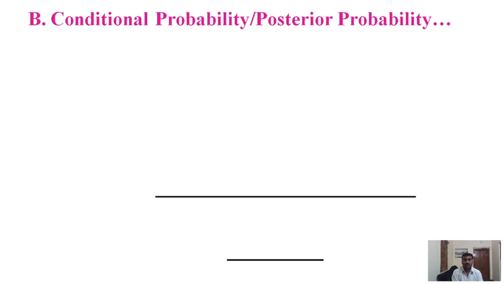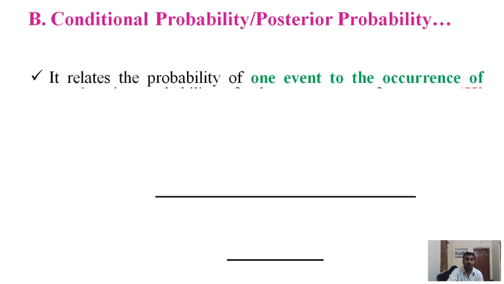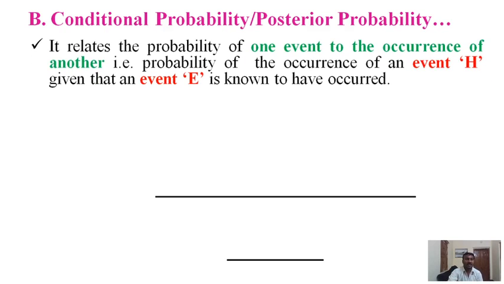Then these are the points of joint probability. The third point in probability theory is conditional probability or posterior probability. Unconditional probability comes under prior probability and conditional probability comes under posterior probability. So what is conditional probability? It relates the probability of one event to the occurrence of another.